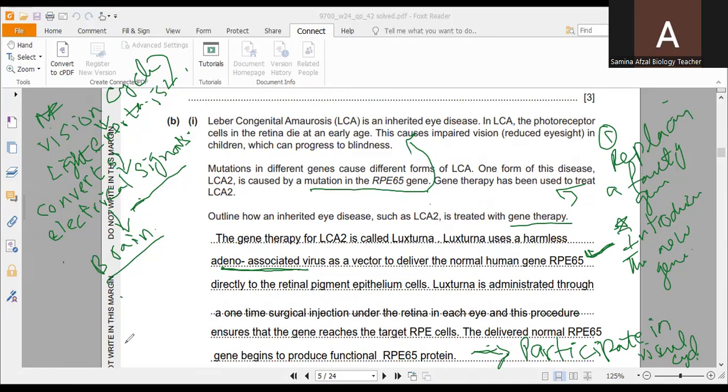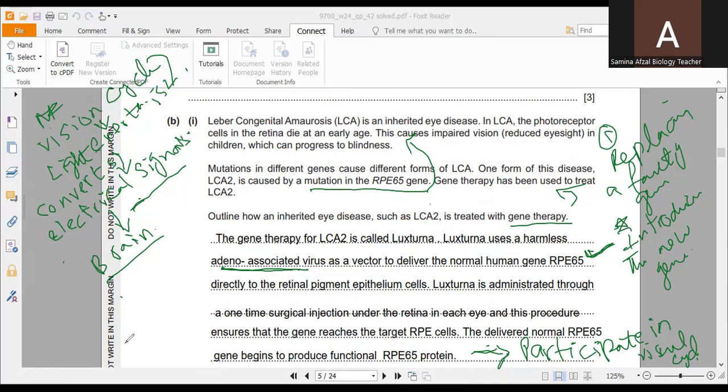This cycle is disrupted when there is a mutation in the RPE65 protein, due to which blindness occurs at a very early age.